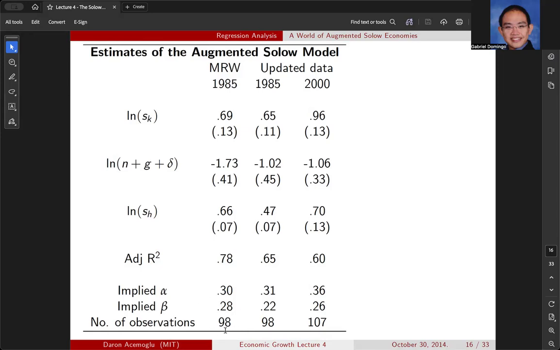So don't be too concerned about that. You can still use the data in a very useful way, even though the count of observations appears to be super small here: 98, 98, and 107. Even in 2000 with updated data, he literally just added 10 data points here.